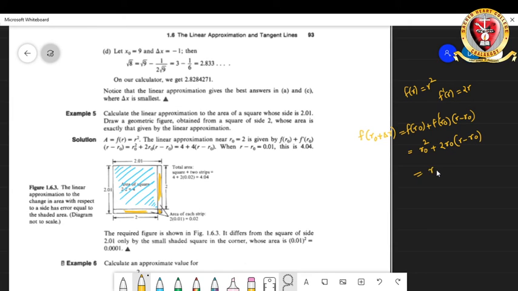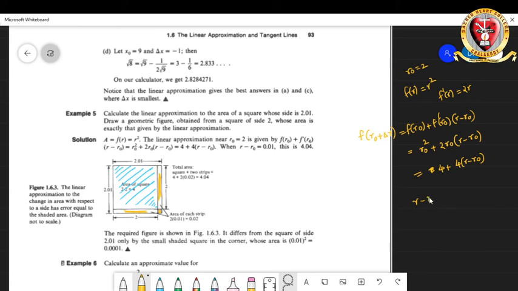And when you simplify, with r naught taken to be 2, you get this to be equal to 4 plus 4 into r minus r naught. That is what is written here.